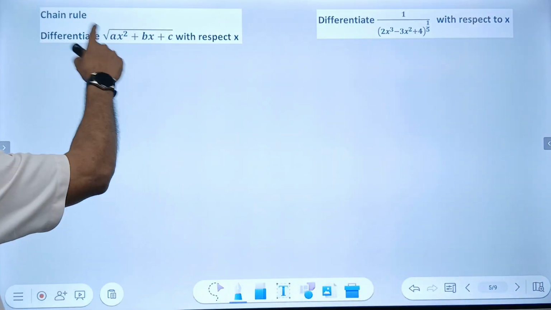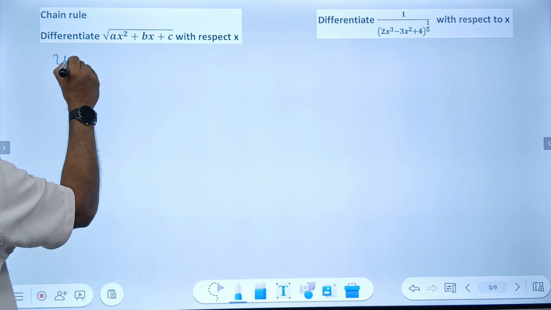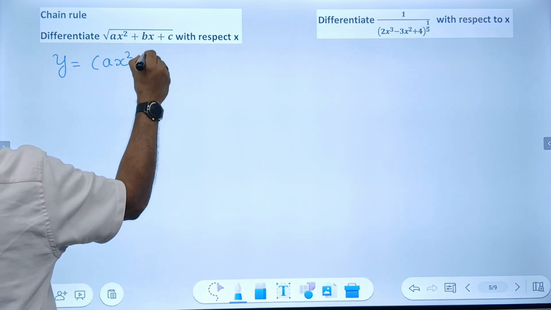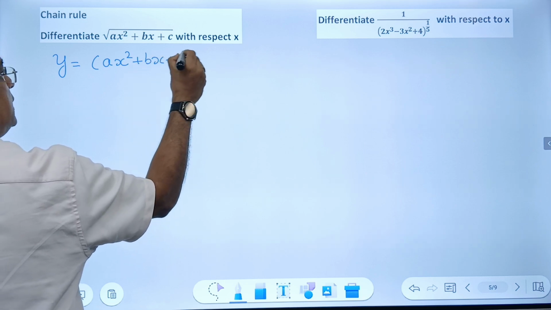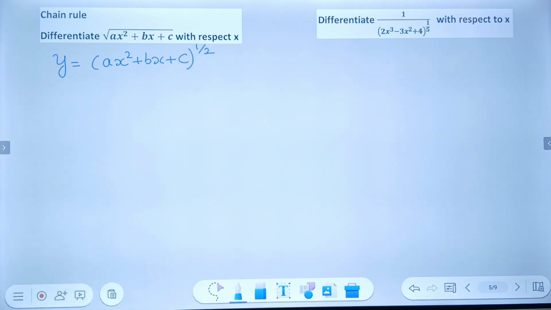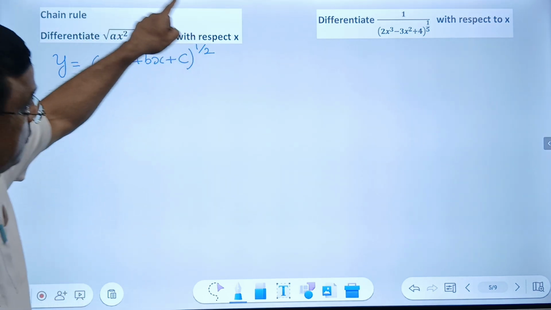Now look at this question. First of all, we call this y equal to ax square plus bx plus c, the whole power 1 by 2. So first I want to differentiate my power. Always the power first.